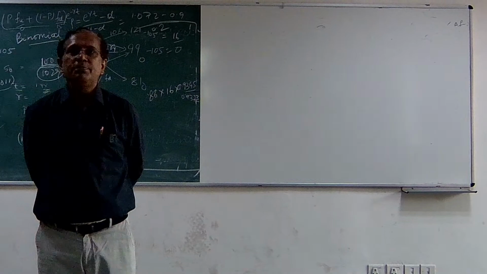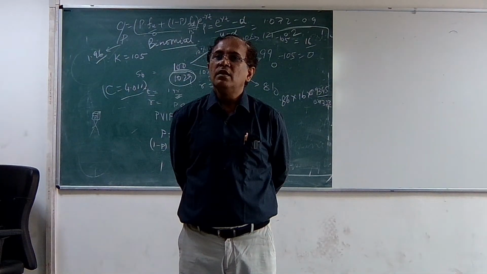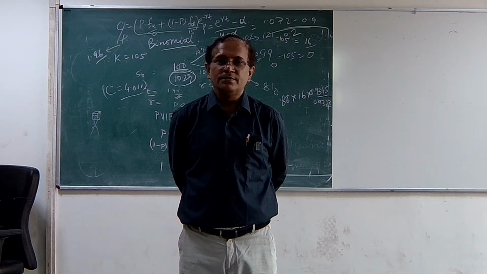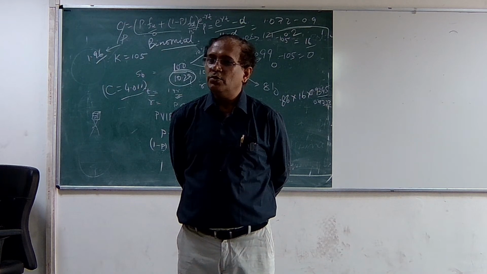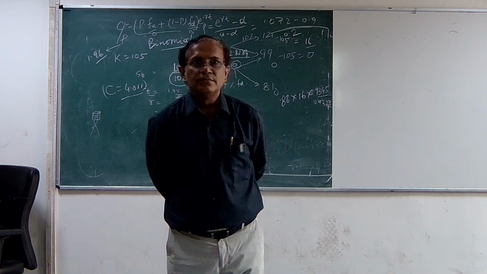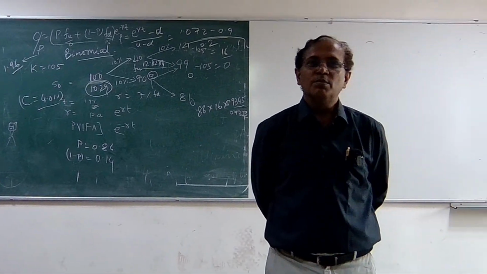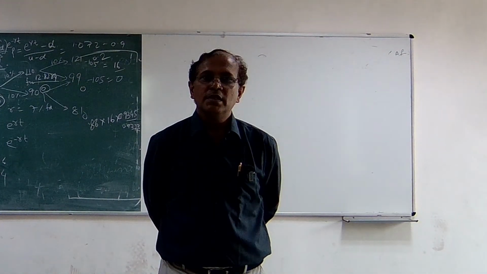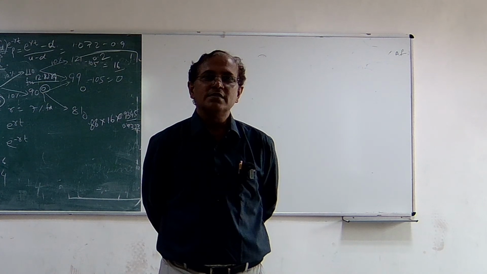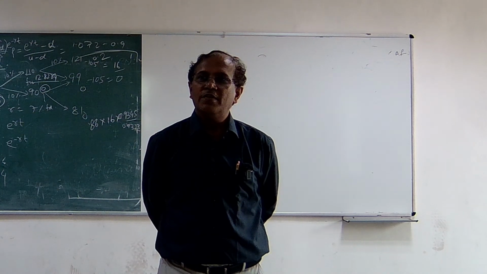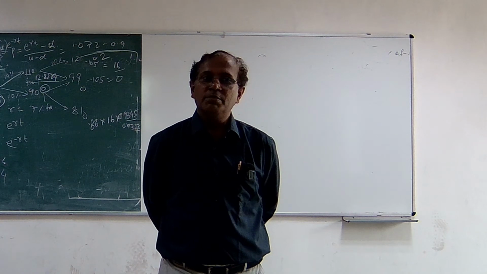Now again to help you, e to the power RT will not change. U and D is not going to change. So P will not change. When P will not change, 1 minus P will not change. So what we now have to calculate is FU and FD. Extreme right.